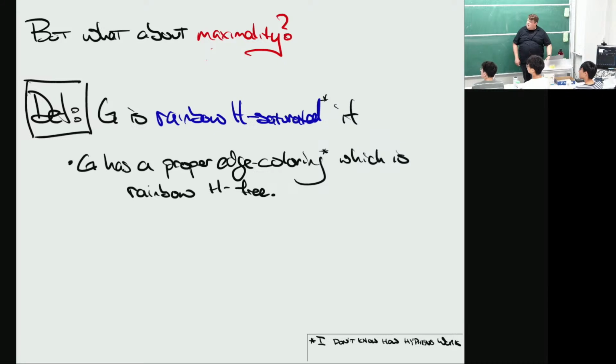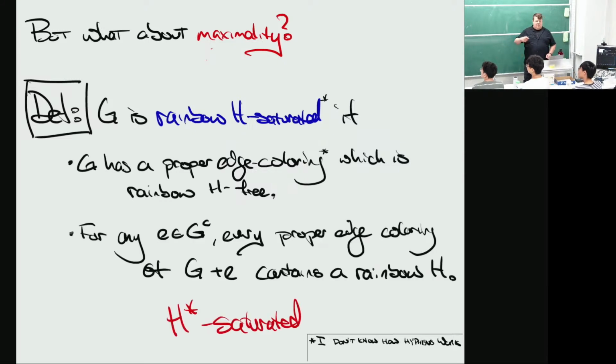Okay, so I'm going to call a graph rainbow H saturated if it has a proper edge coloring which is rainbow H free, but when you add an edge and try to color it, every proper edge coloring of G+y contains your forbidden subgraph.